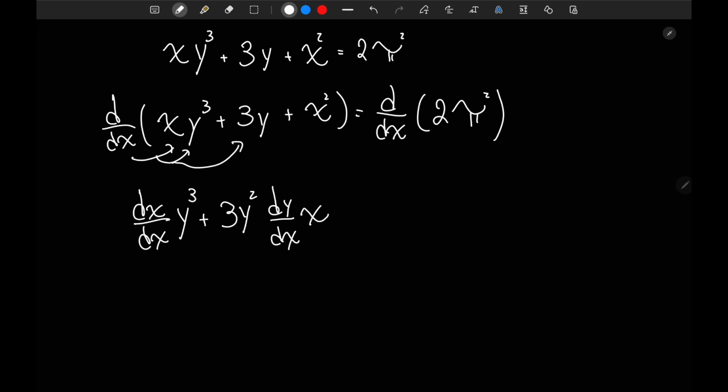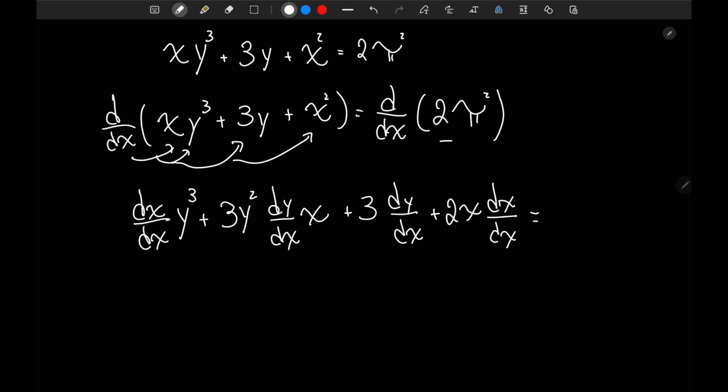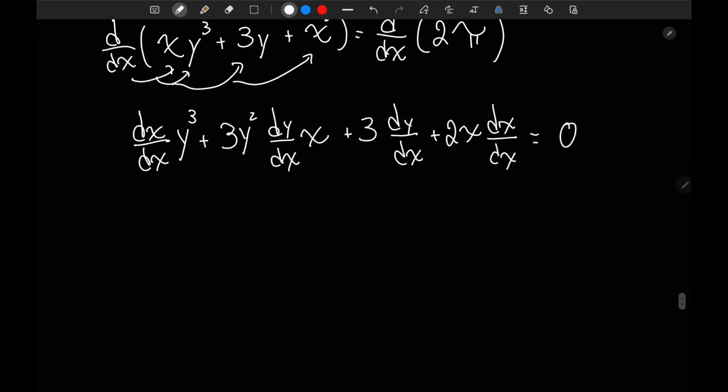And then the derivative of 3y is going to be 3 dy dx. And the derivative of x squared with respect to x is going to be 2x dx by dx. And now on the right side, 2 pi squared is just a constant, so the derivative of any constant is 0. We'll be left with 0. Let's simplify our dx dx.